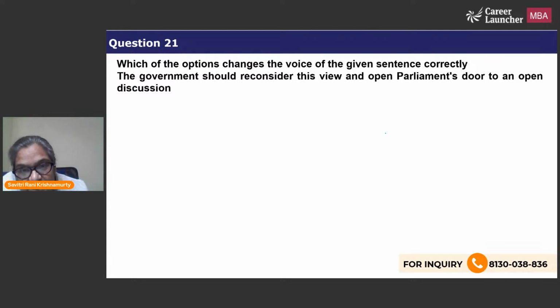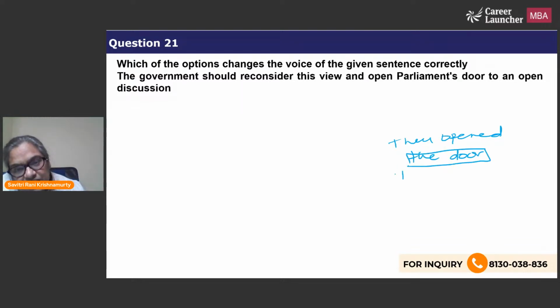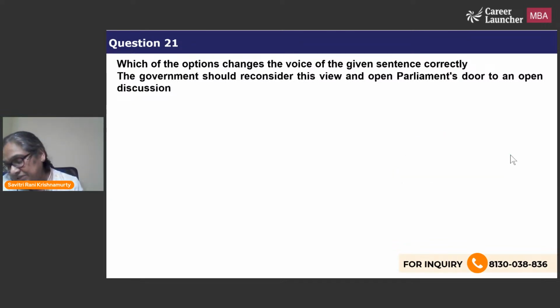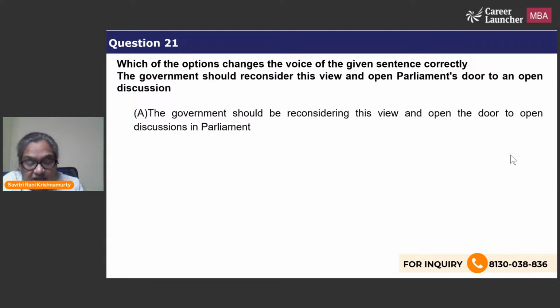So if I say they opened the door, in passive voice, the door becomes the subject. So you'll say, the door was opened by them. Sometimes that is not necessary, sometimes that is necessary. So that is the key you have to keep in mind, because the options sometimes make it very confusing.